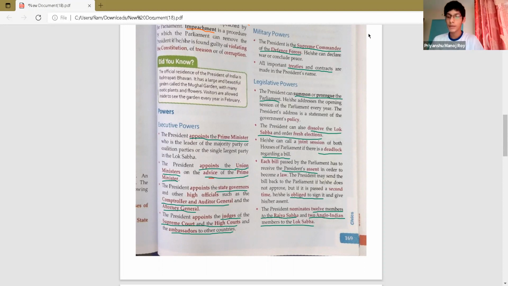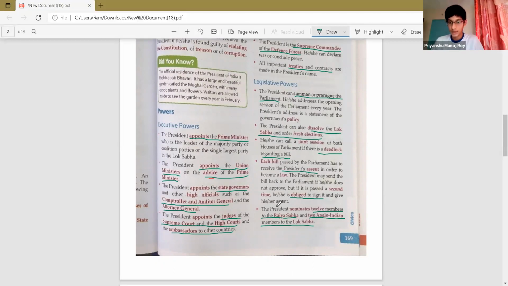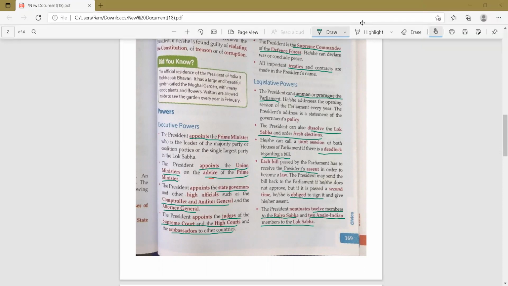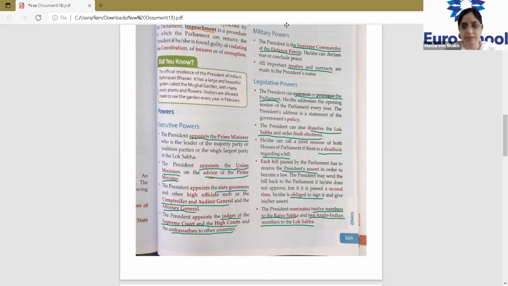But if the bill comes up again for the second time, then the president is obliged to sign it. Correct. And the last power is that he nominates 12 members to the Rajya Sabha and 2 Anglo-Indian members to the Lok Sabha. Got it, everyone? Have you all understood? Yes, ma'am.